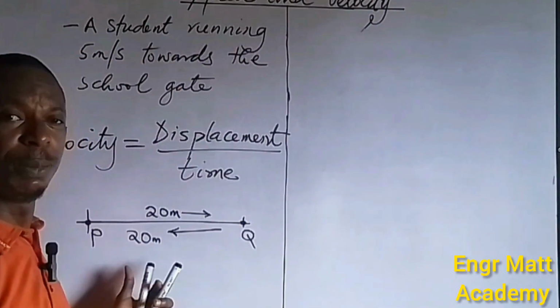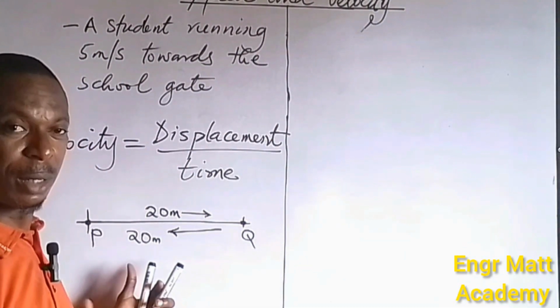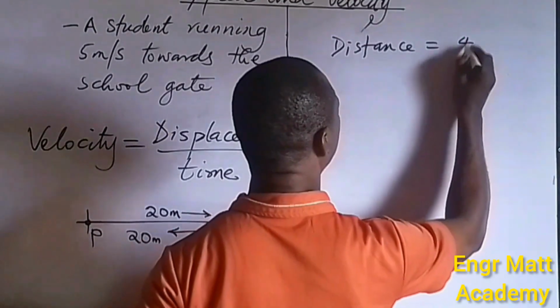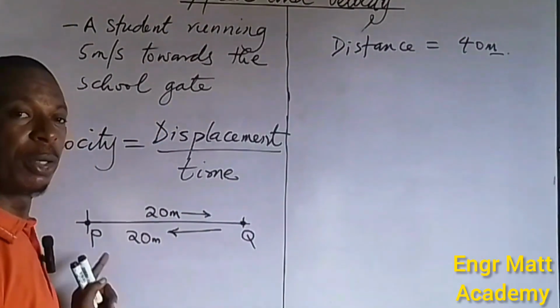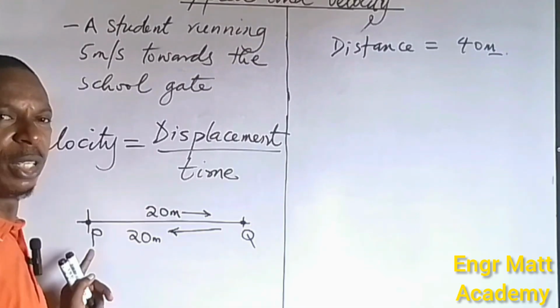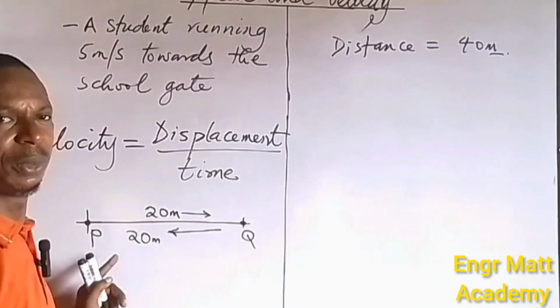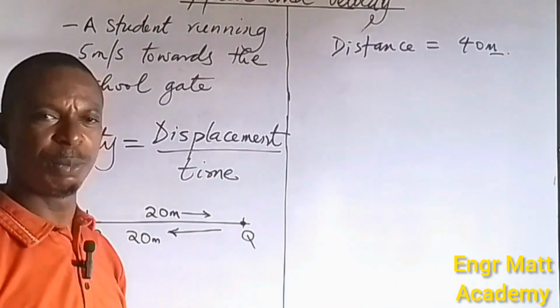If you say 20 meters, you are wrong. But if you say 40 meters, you are right. Distance covered is equal to 40 meters, because he moved 20 meters from point P to point Q and another 20 meters backward. So the distance is 40 meters.